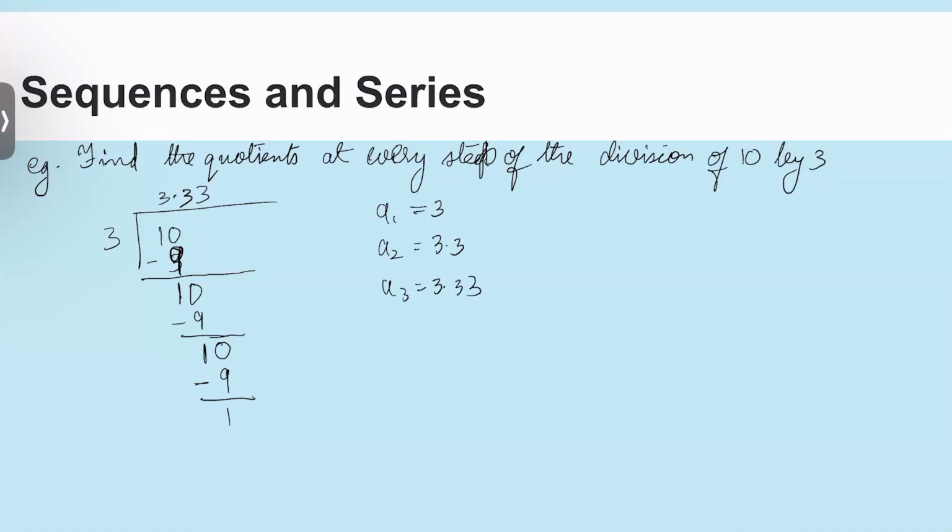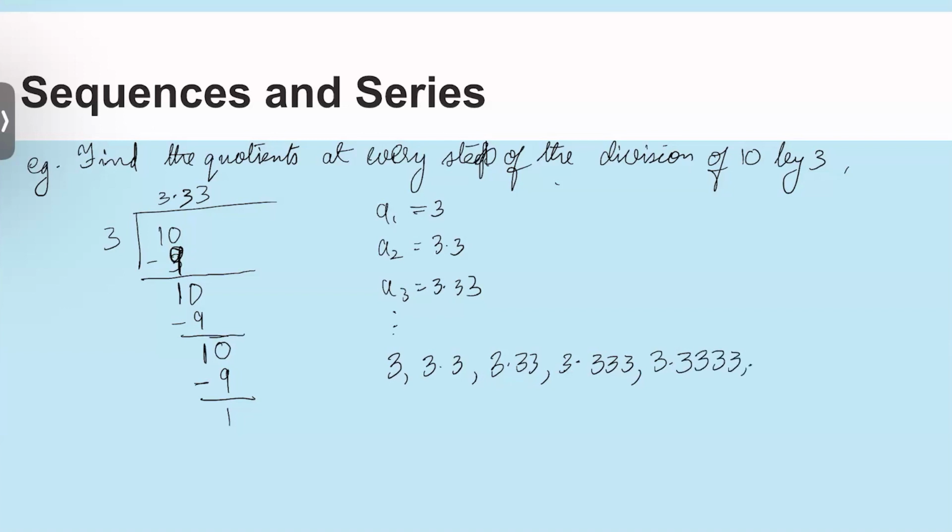Because we are asked to find the quotients of the division process of 10 divided by 3 at every step, the sequence that comes up is 3, 3.3, 3.33, and similarly it will go on with a 3 added after the decimal point.